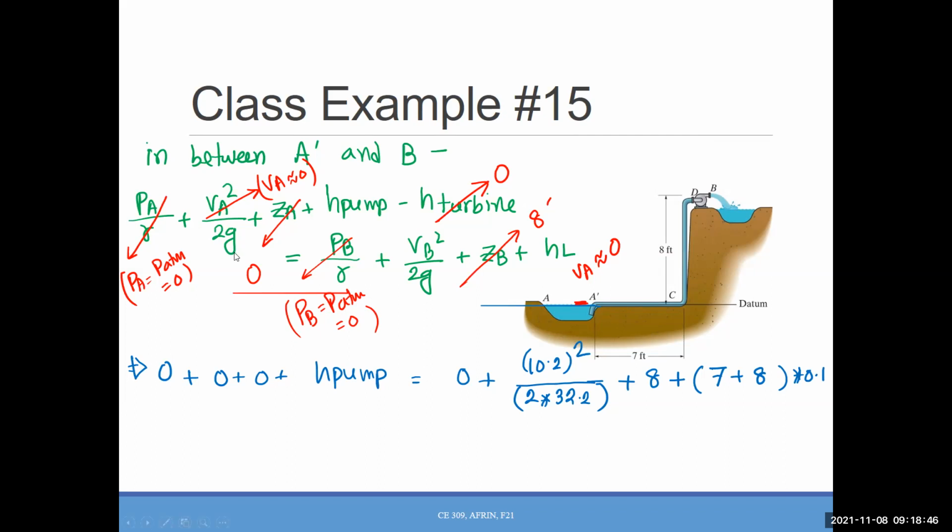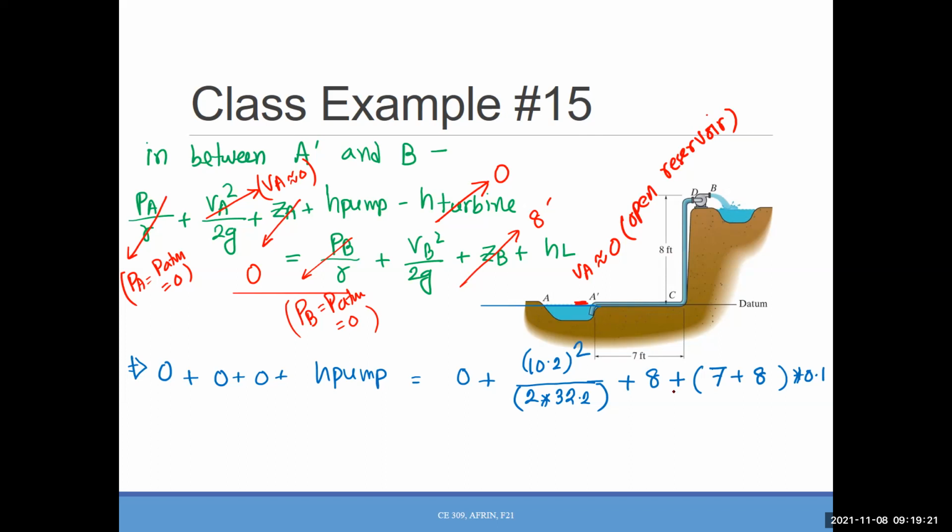Also, whenever we have an open reservoir, on top of that we can consider the velocity very, very negligible. It's not 0 actually, but we can consider it as 0, right? And there was no turbine, so h turbine was 0 also. We calculated the z values.